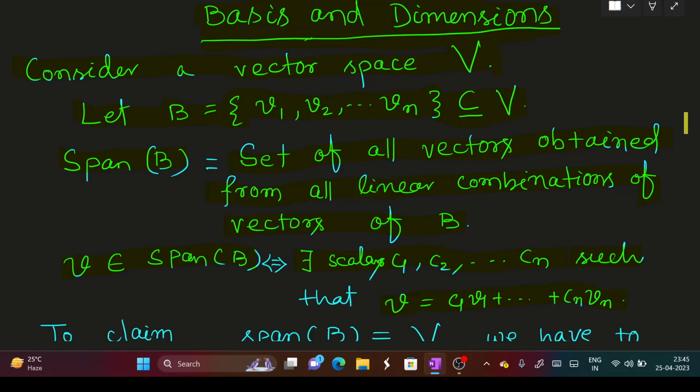That means if any vector belongs to span of B, it is a linear combination of vectors of B.